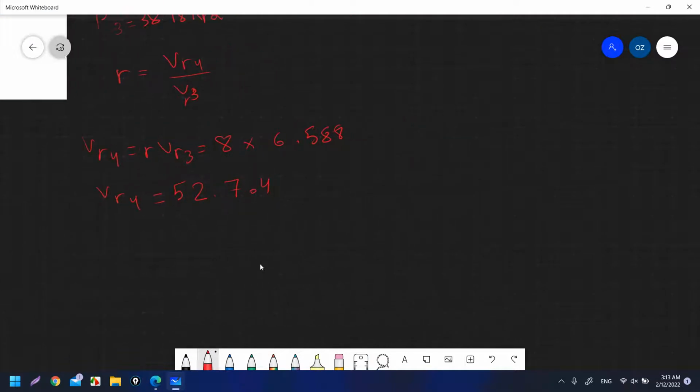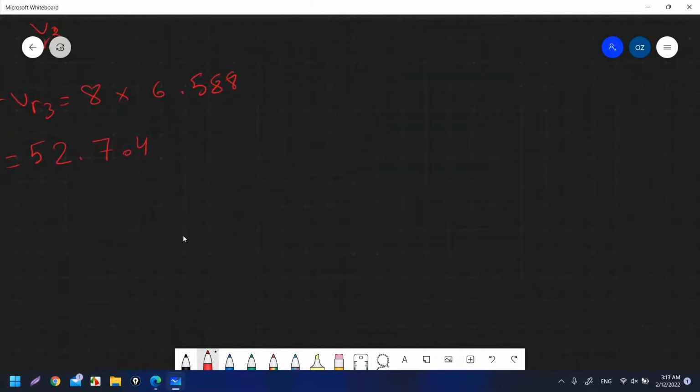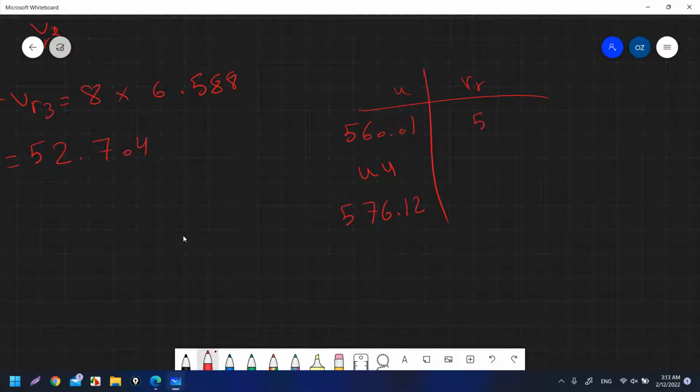So let's write the interpolation table, U and VR. U is 560.01, then my U4, then 576.12. VR is 55.54, then VR4 is 52.704, and then 51.64.